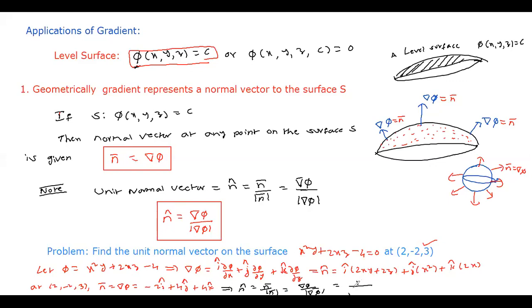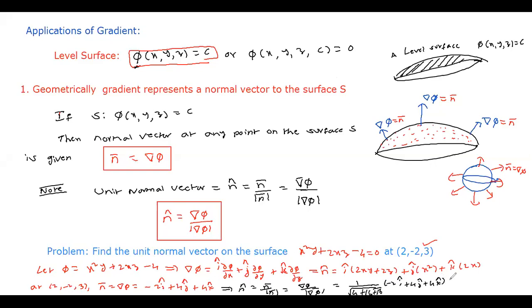Under root of (-2) whole square plus 16 plus 16, so 4 plus 16 plus 16 is 36, and under root 36 is 6. So this is 1 by 6 times (-2i bar plus 4j bar plus 4k bar).